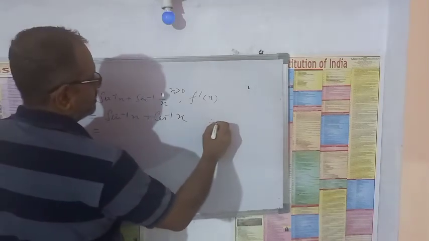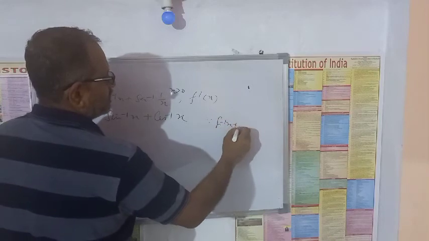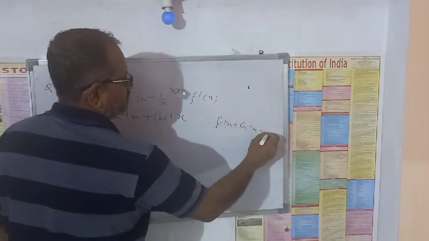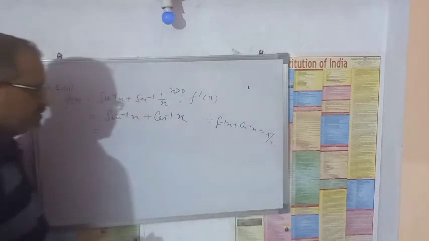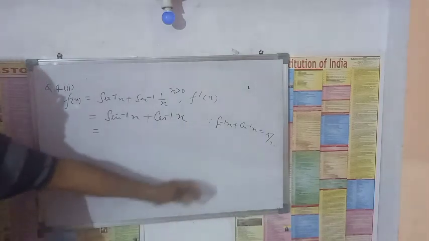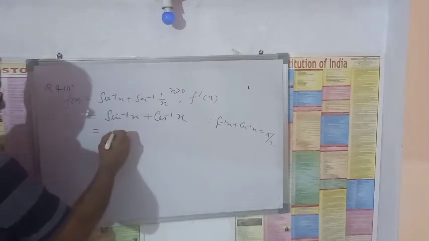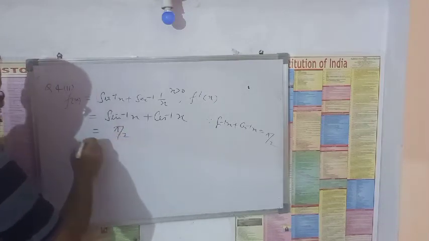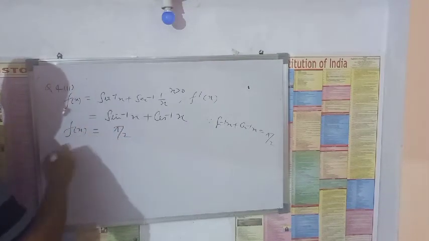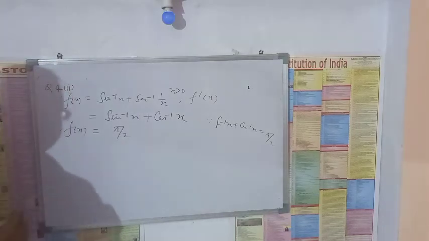And we know that sin inverse x plus cos inverse x is pi by 2. It is also a property. So here we can write pi by 2. So f(x) is equal to pi by 2.